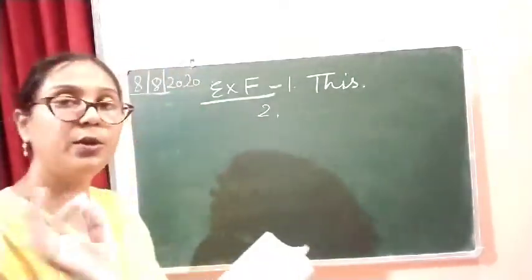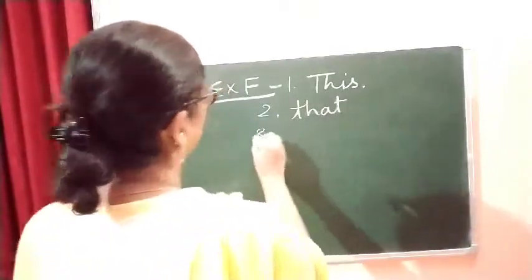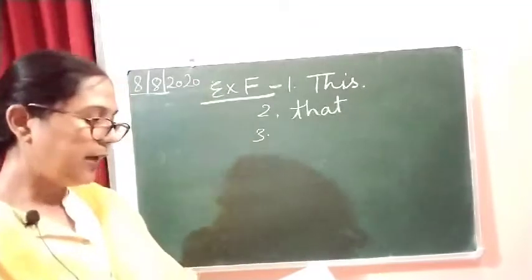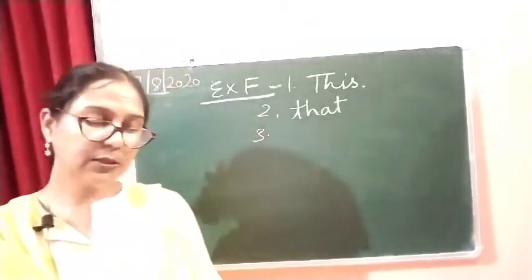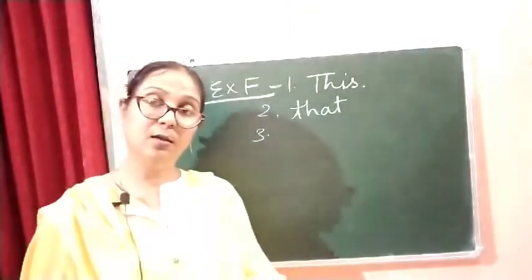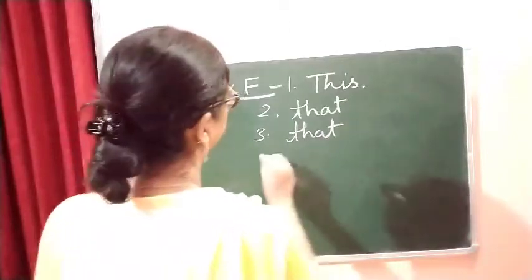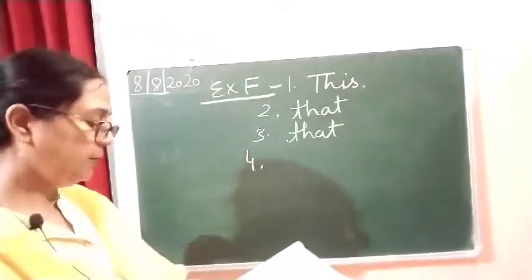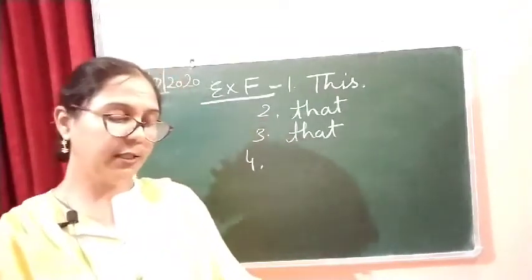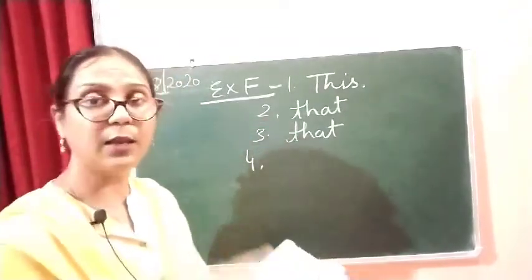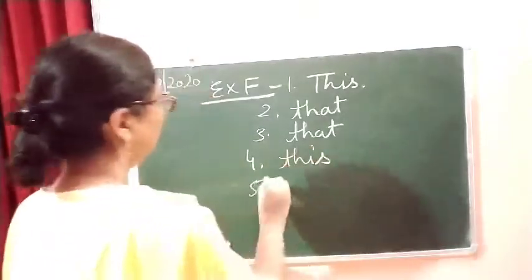That is why we are going to use that over here. In third, the exhibition of my paintings will be held at those, that, and these hall. We are going to use that hall over here. In number 4, I am going to London this, those, or these weekend. This weekend.